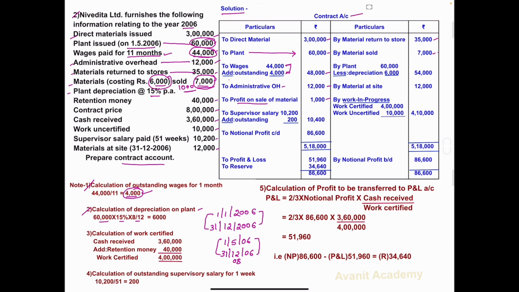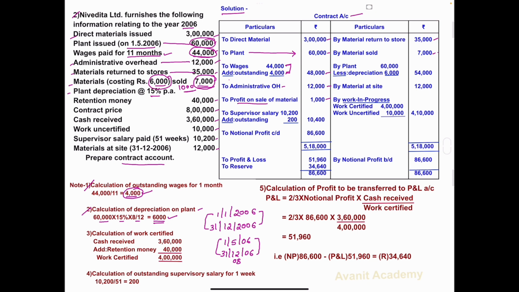So that's why 60,000 into 15% into 8 by 12. Got all of you? Why I have taken this 8 by 12? Because this plant is used for 8 months, not for 1 year. So calculate it: 60,000 into 15% into 8 by 12. You will get 6,000. This is the depreciation amount.